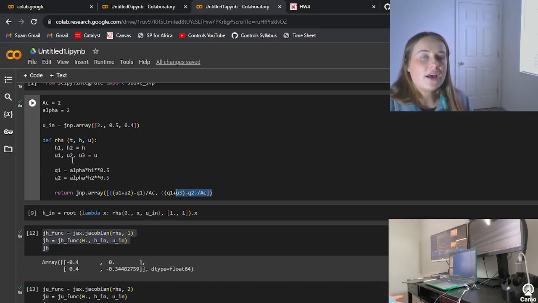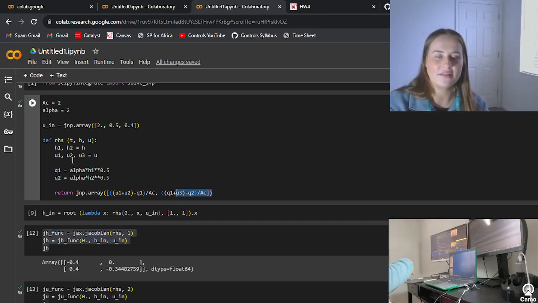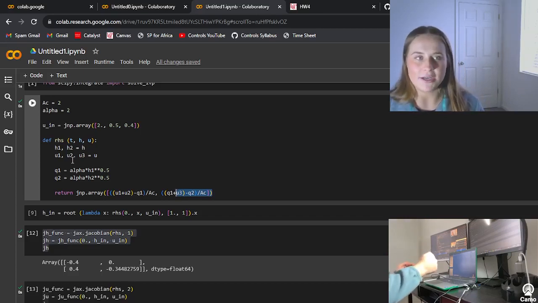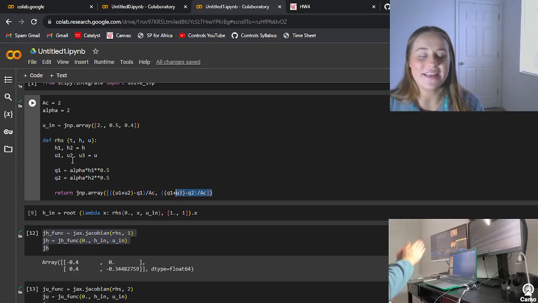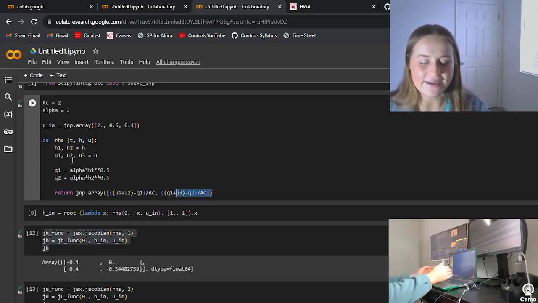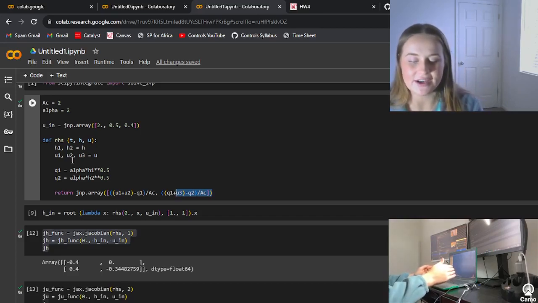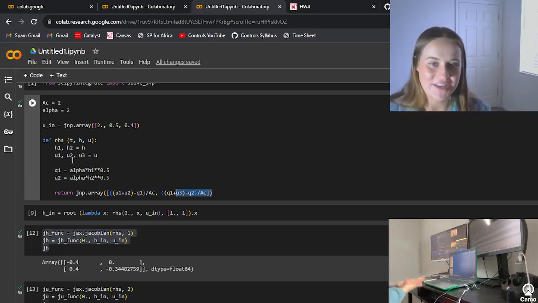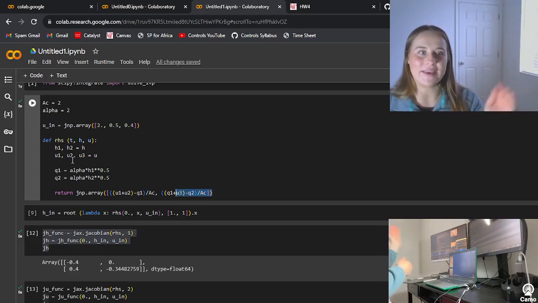So back to the height function, even though the height of tank 1 is a function, the height of tank 2 is dependent on the height of tank 1 because they're flowing into each other.